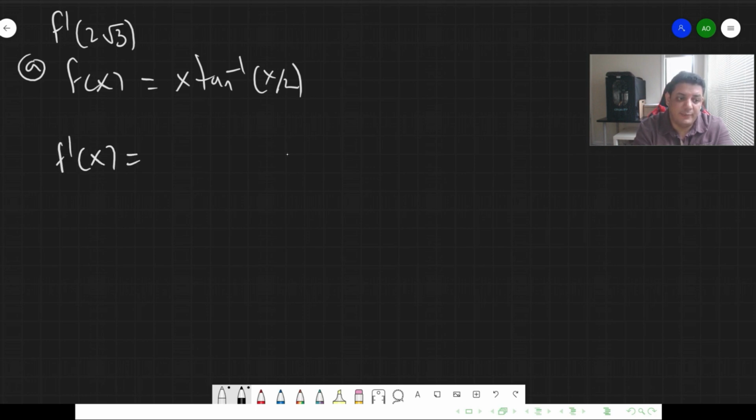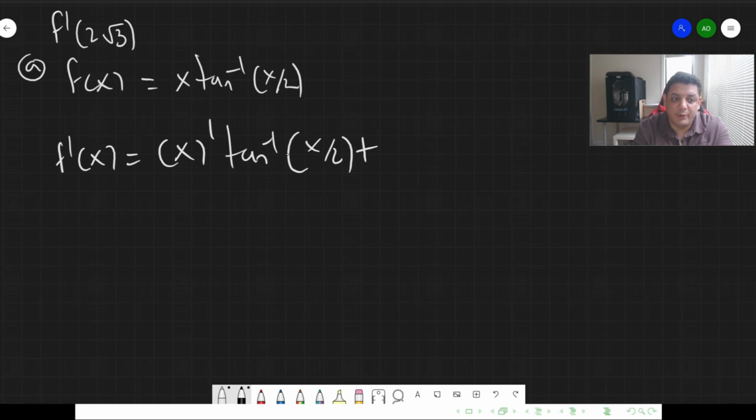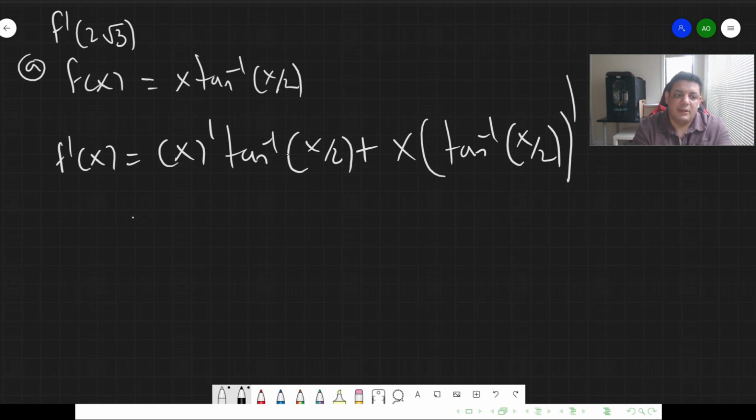So f prime is going to be x times the derivative of tangent to the minus 1 of x half, plus x times the derivative of this. The derivative of x is just 1, so we get 1 times tangent to the minus 1 of x half.